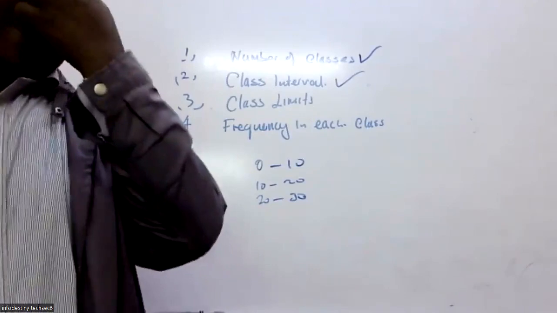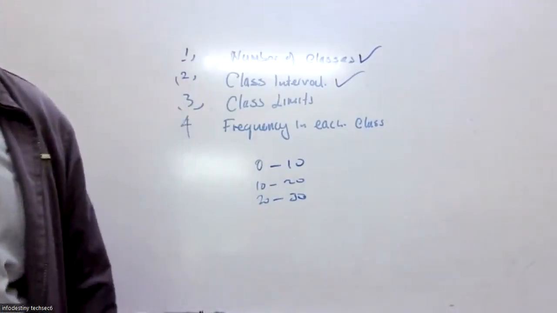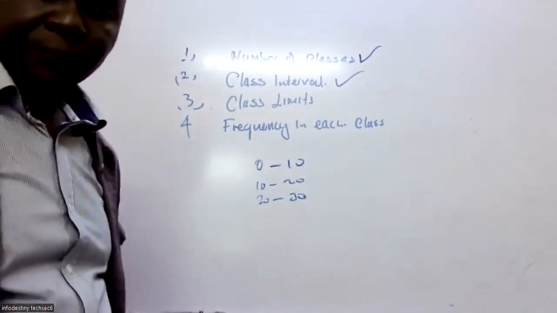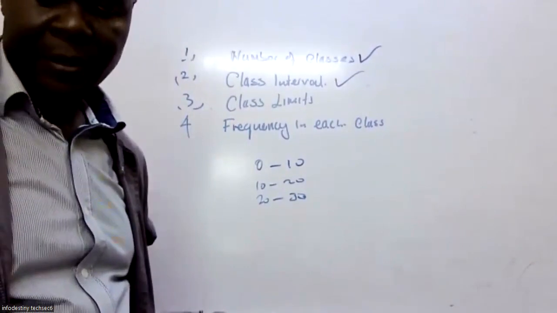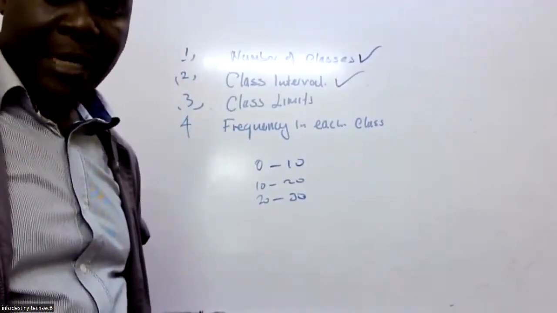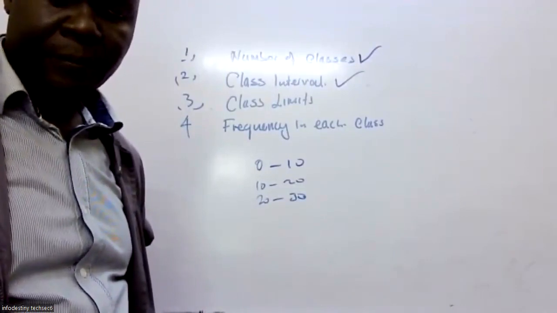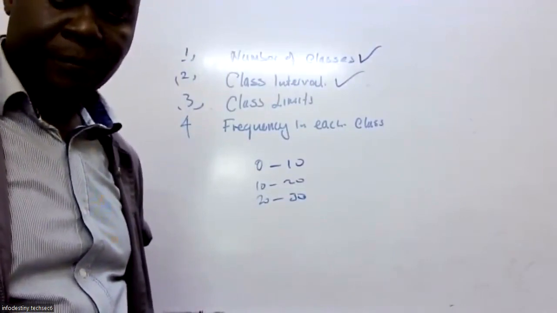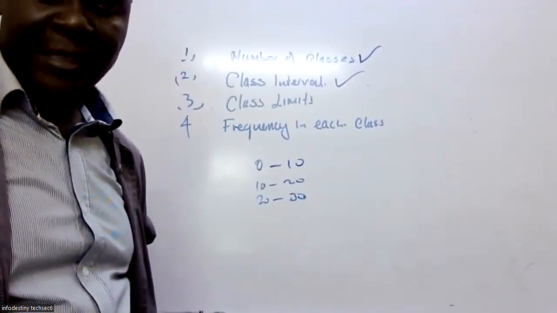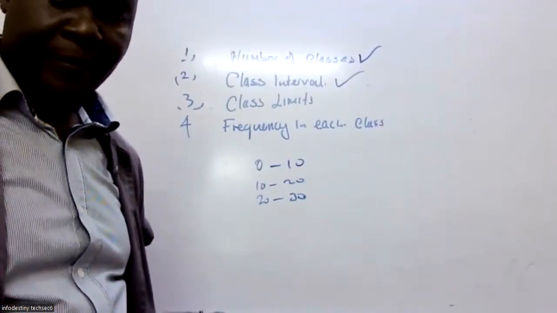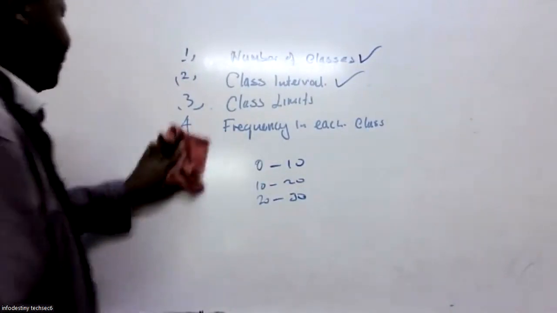For example, suppose the maximum value is 100, the minimum value is 10, and the desired number of classes is 15.